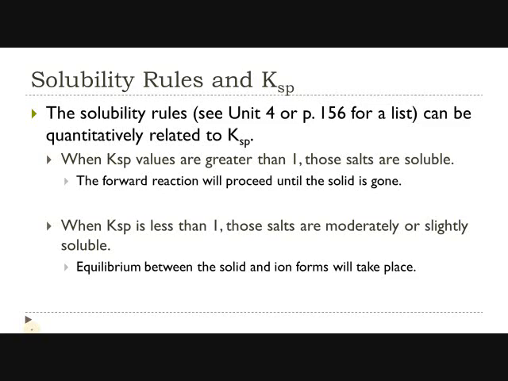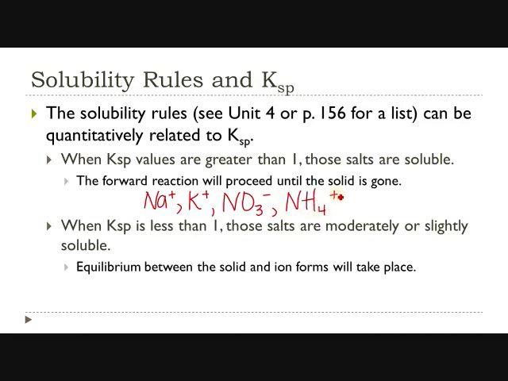So usually that means that if the forward reaction is going to proceed, those are the ions that are always aqueous. You can look back in Unit 4 for the whole list, or page 126 in your textbook, but that would be like the sodium ions and the potassium ions and the nitrates and the ammoniums.